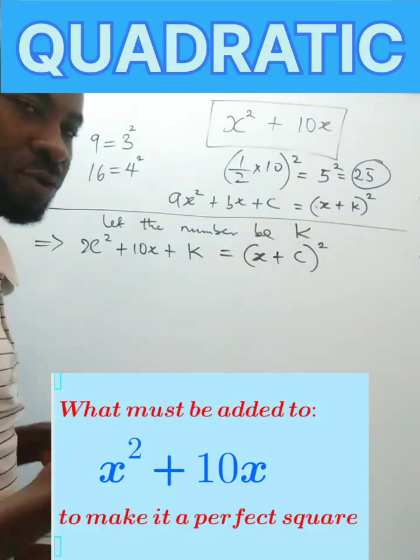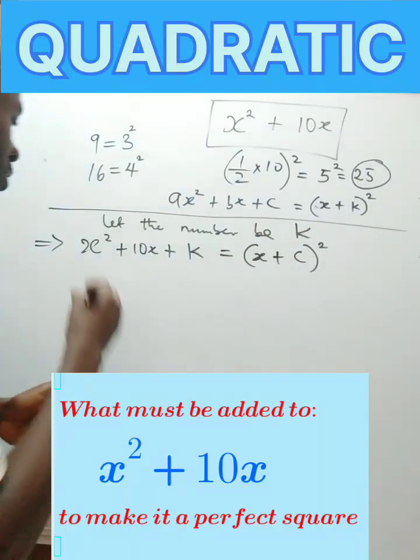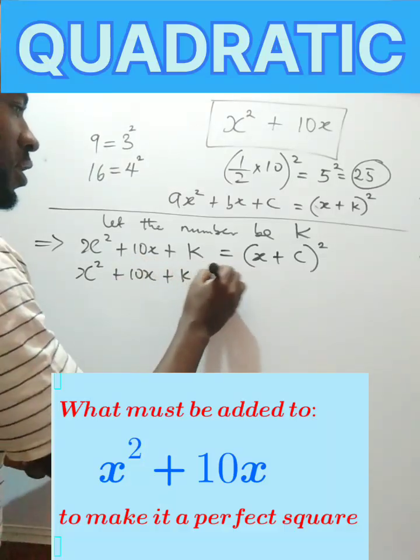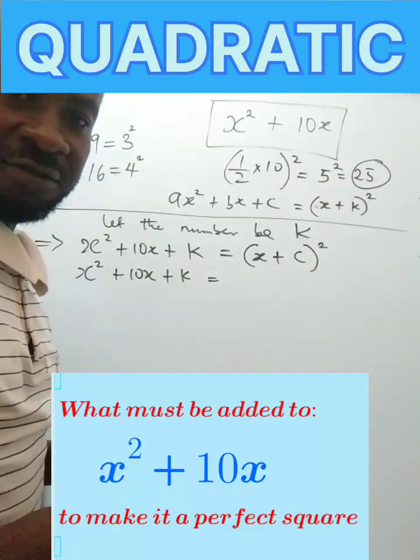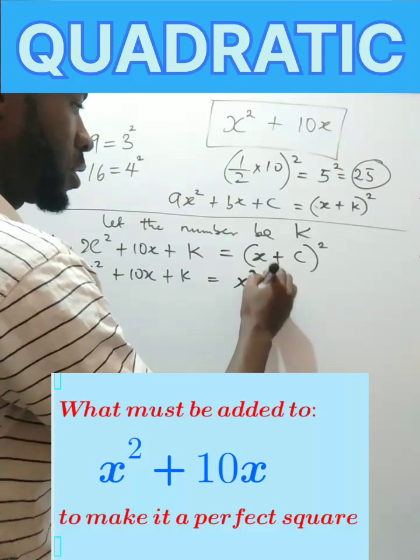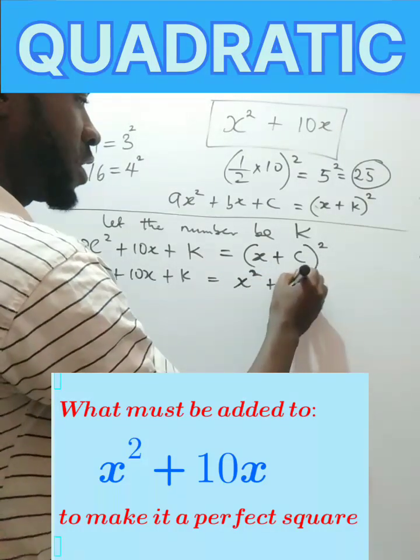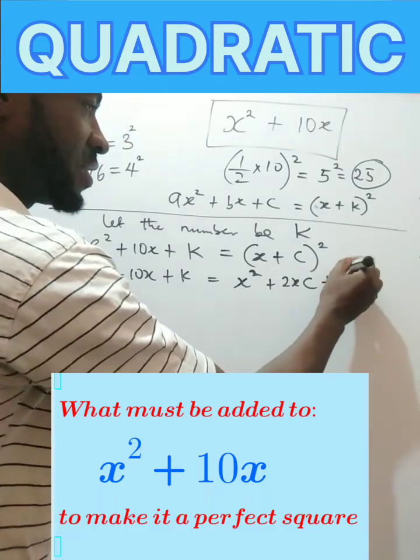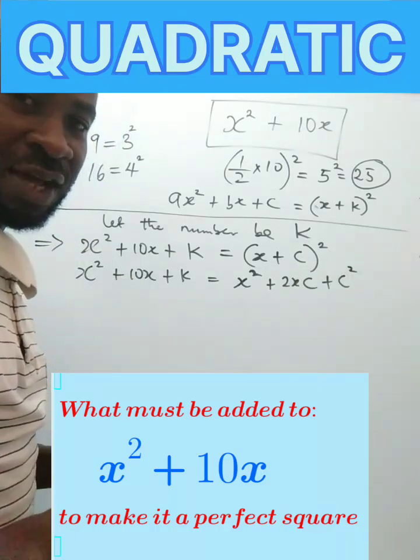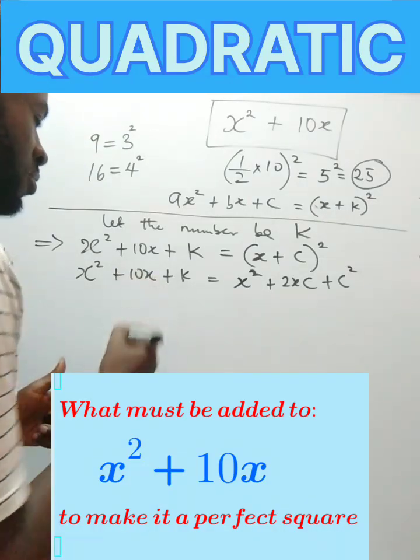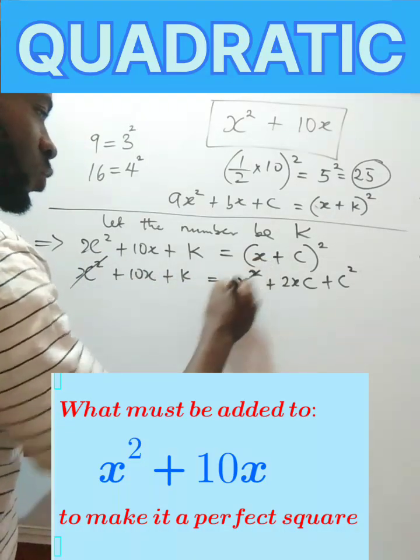Now, all I'm going to do at this point is to expand this. If I expand this, this will give me x squared plus 2xc plus c squared. After that, I'm going to compare both sides, each term. First of all, x squared and x squared will go.